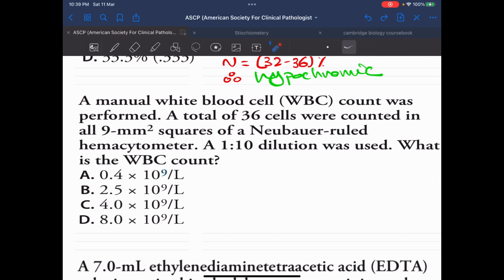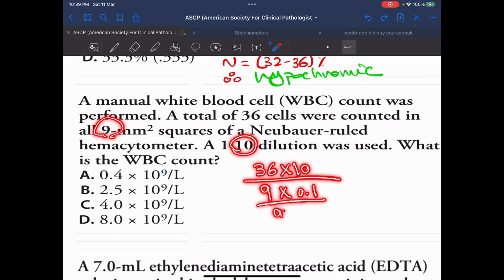So how will we do this calculation? Now, what is the number of cells counted? 36. You will multiply by the dilution factor, which is 10, and divide by the number of squares counted, which is 9. Then you will multiply by the depth of the hemocytometer, which is 0.1.